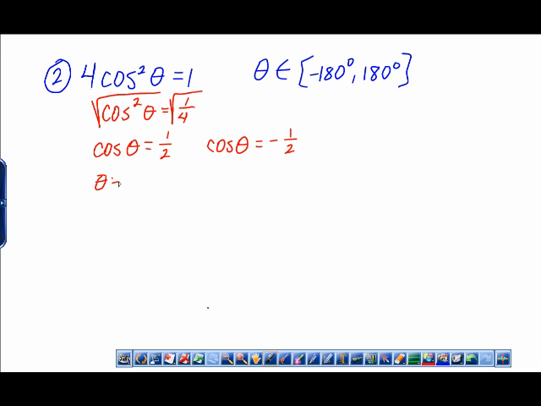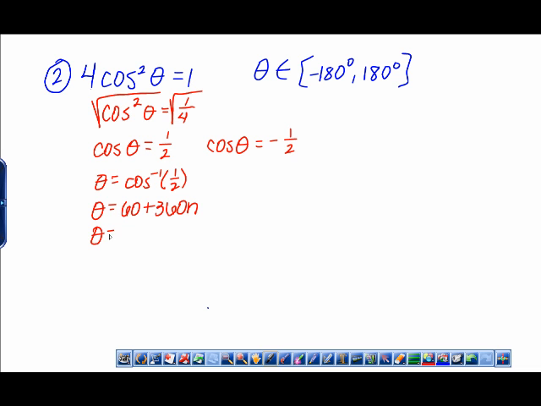Okay, so then I have theta is equal to arc cosine of 1/2, that is a 60-degree reference angle, and so we're in degrees, so I get 60 plus 360n.